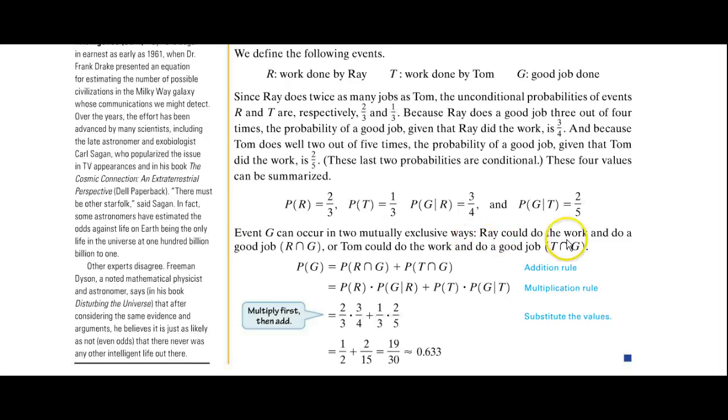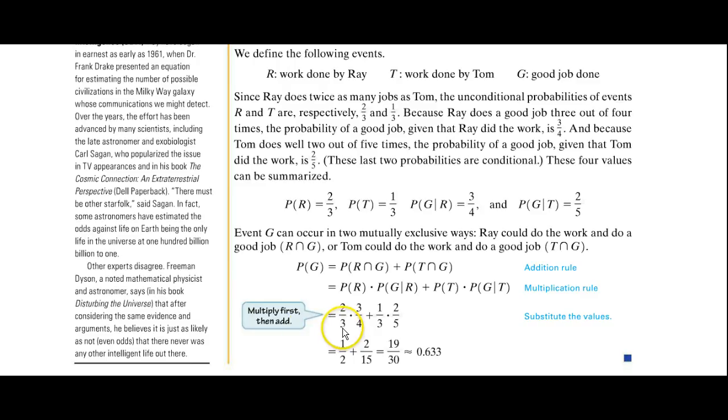Ray could do the job and do a good job where they intersect. Or Tom can do the work and do a good job, again, where these intersect. Remember, G is the good job. So we then have the sum of this, which is the product of these plus the product of those. And pulling all this information in, we get this.